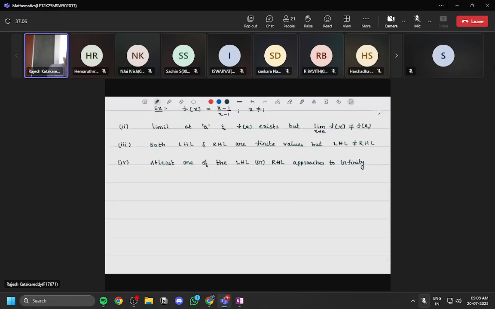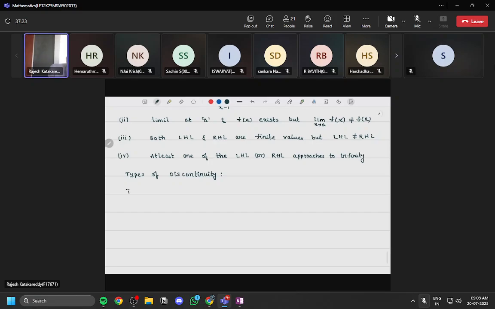Types of discontinuity, mainly two types: removable and non-removable. Removable and non-removable, they will say this is discontinuity of first kind. Second one is discontinuity of second kind.